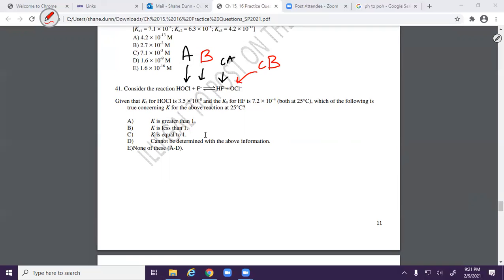So what's happening here is we have an acid reacting with the base to make a conjugate acid and a conjugate base, right? They should be at equilibrium. Acids are a bit special though. The stronger acid always wins, right? So which acid is stronger, HOCl or HF? How do you know?